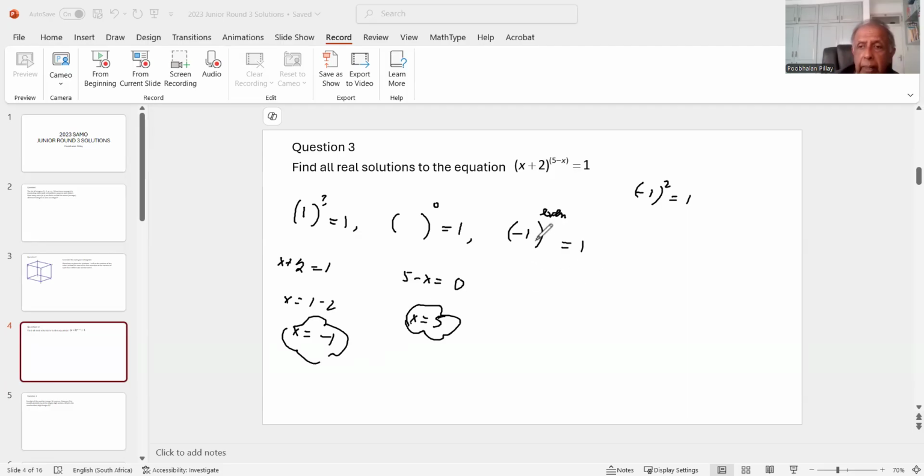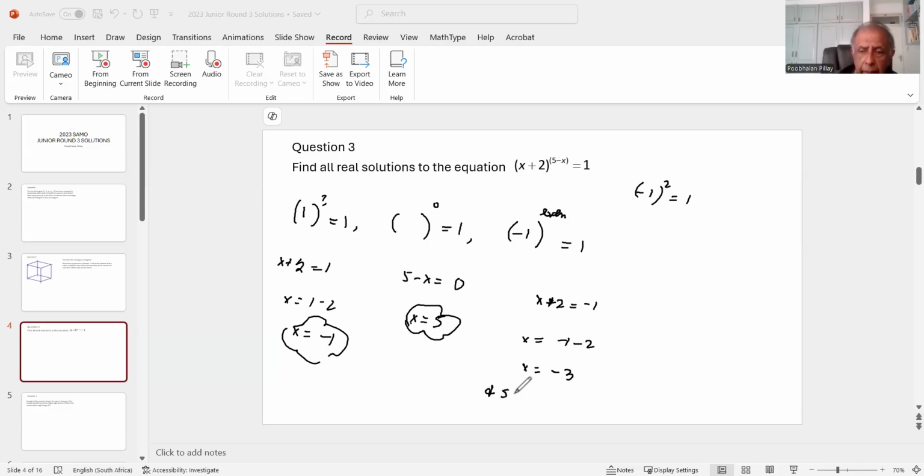And then you have where the base is negative 1. x plus 2 is negative 1. And then in that case, x is equal to negative 1 minus 2. So x is negative 3. All right, but you must just check to see, is the index even?